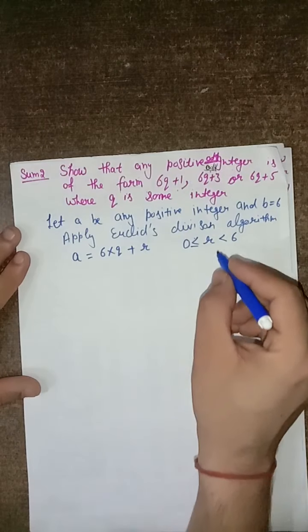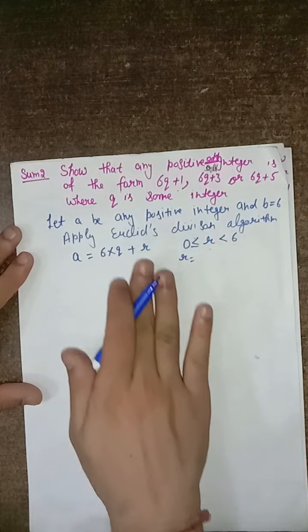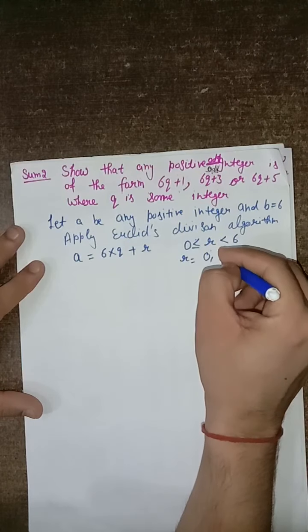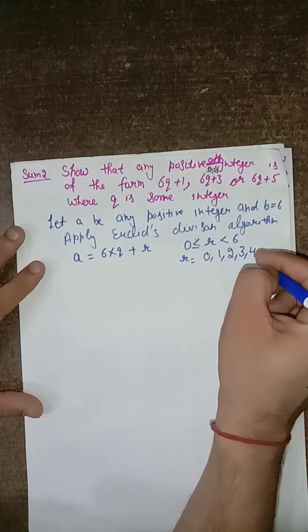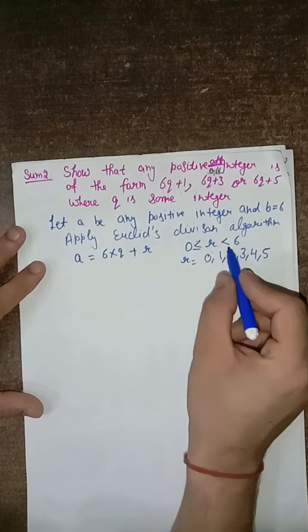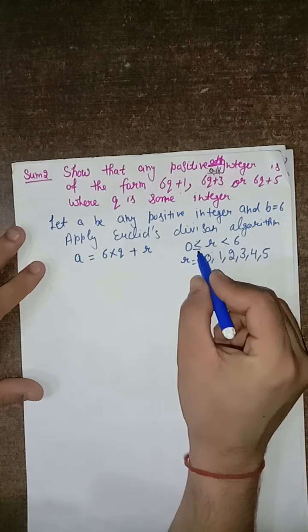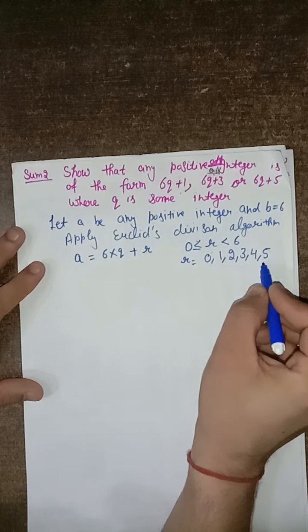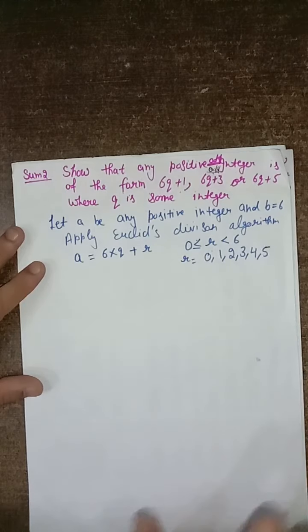We are discussing only integers, so the possible values of r are 0, 1, 2, 3, 4, 5, because r should be less than 6 but greater than or equal to 0. These are the possible values of r.